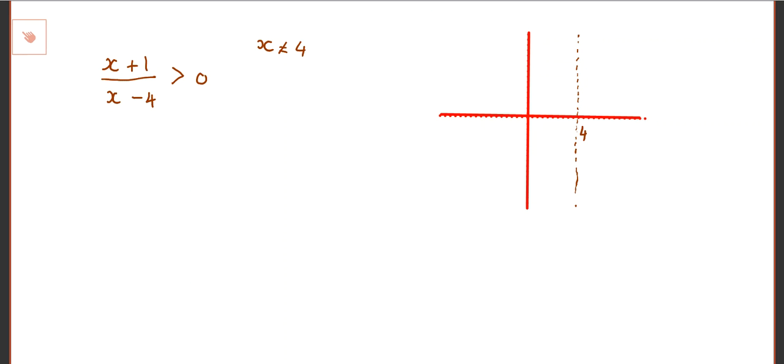If we then solve, well, we're saying that both of these have to be greater than 0, yeah? So this one would be, well, x plus 1 greater than 0, we would say x has to be greater than -1, right? And we've got x minus 4 has to be greater than 0, so we've got x is greater than 4.